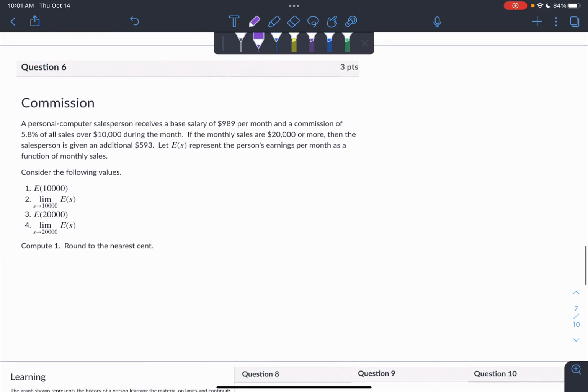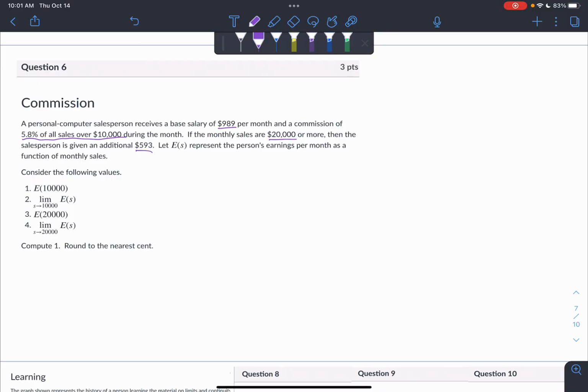Okay, let's do a question about commission. Here we have a base salary of $989 per month and a commission of 5.8% on all sales over $10,000. If they sell $20,000 or more, they are given an additional $593.